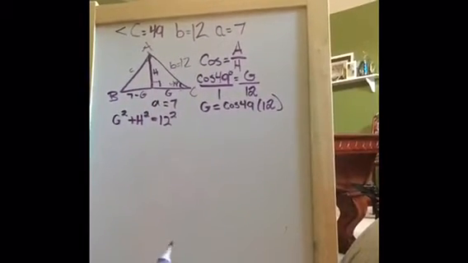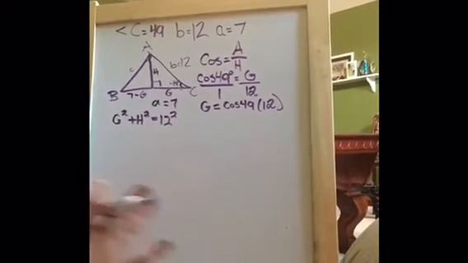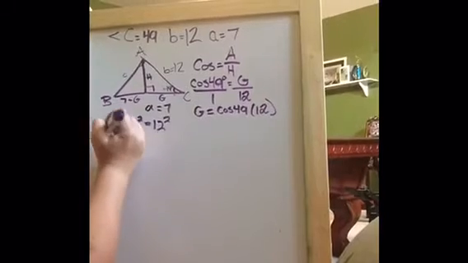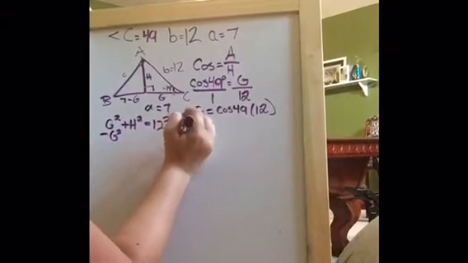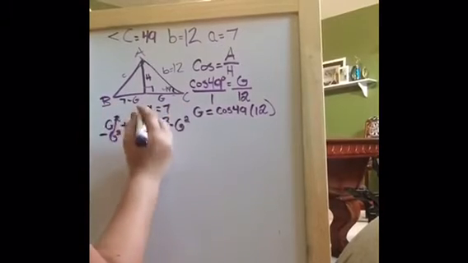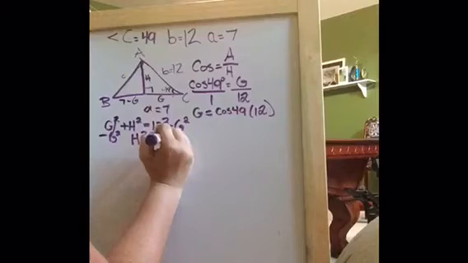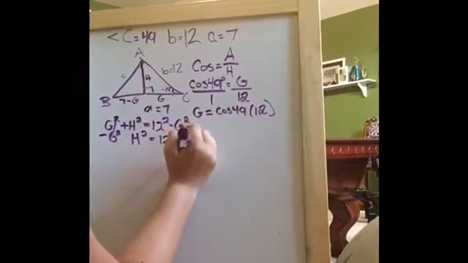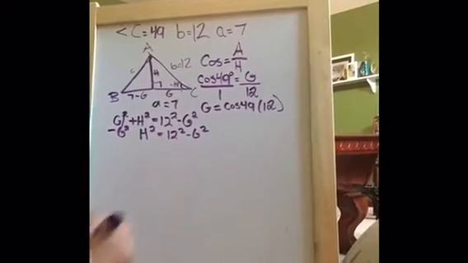Now you want this formula to solve for H, so you rearrange it, subtracting G squared, making H squared equals 12 squared minus G squared. And that's your other formula.